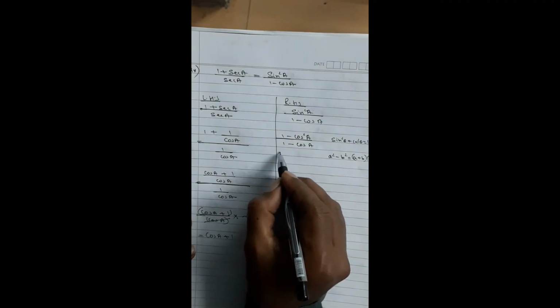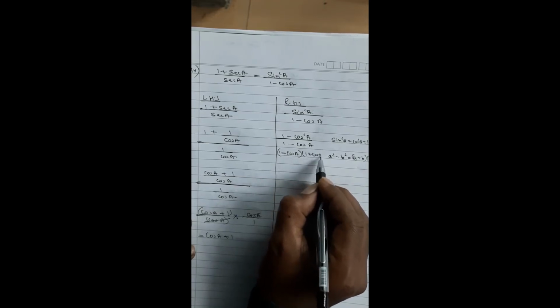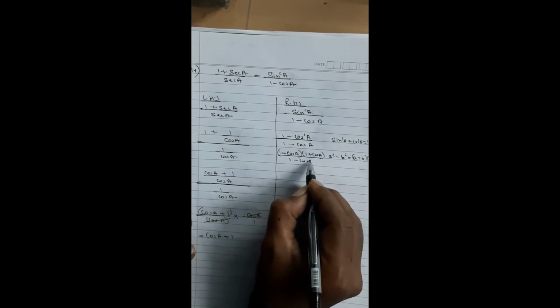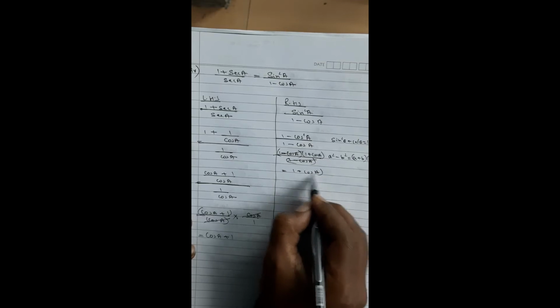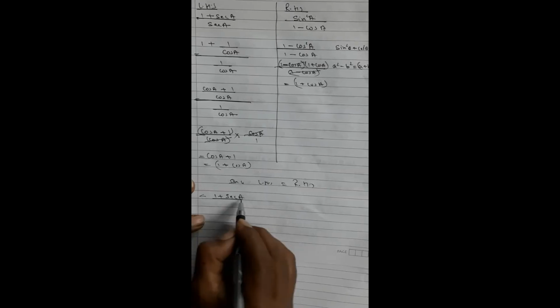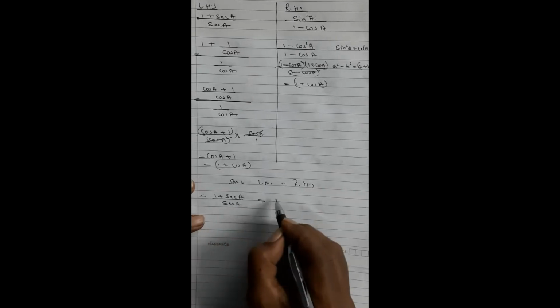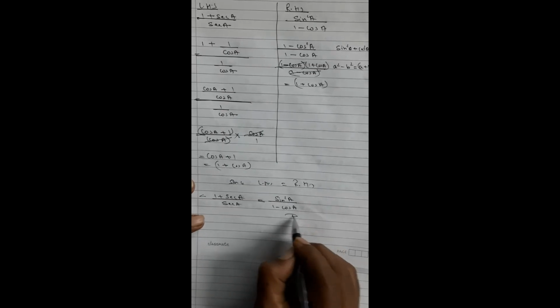This will become 1 minus cos a in one bracket, in another bracket 1 plus cos a, upon 1 minus cos a. This will be cancelled, is equal to 1 plus cos a. Here we can make out, since LHS is equal to RHS, therefore 1 plus sec a upon sec a is equal to sin square a upon 1 minus cos a.